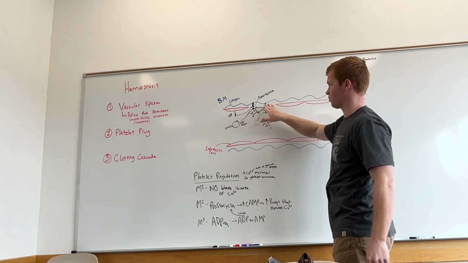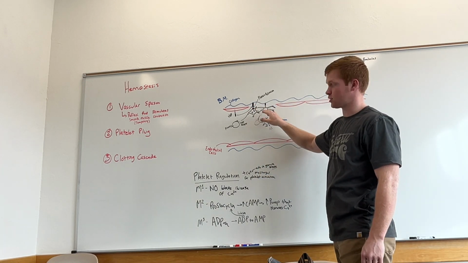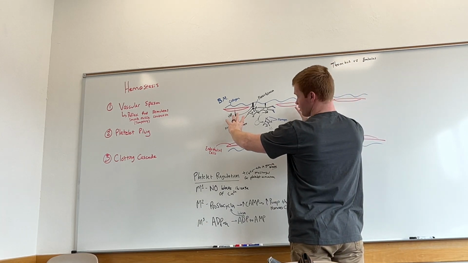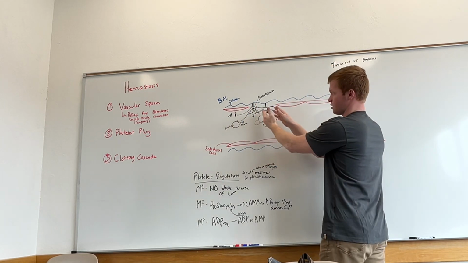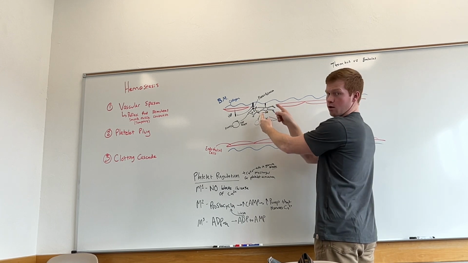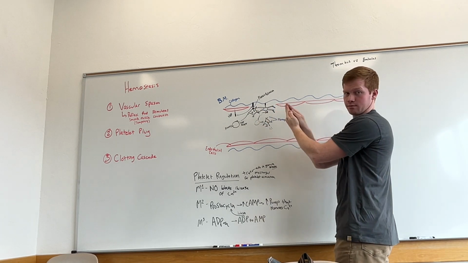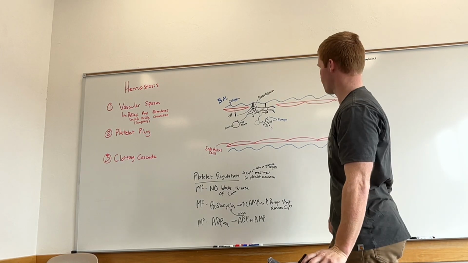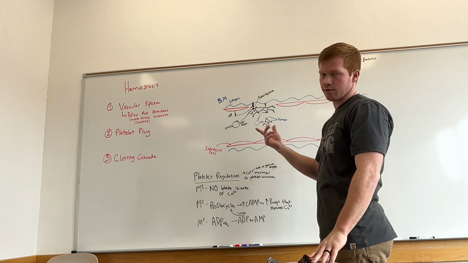I don't know if you can tell, but there's a hole within the vessel. And if we vasoconstricted due to the reflex, it would shorten up. And as you can see, that hole would either be shorter or it could be completely closed due to the shortening or the constriction of the blood vessel. But like we talked about, that's only temporary.